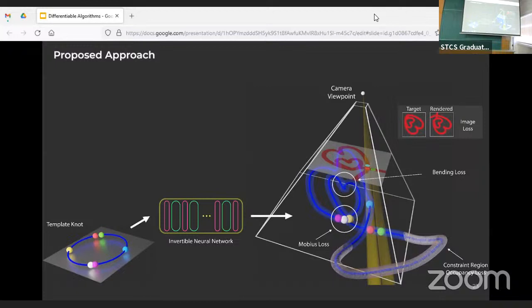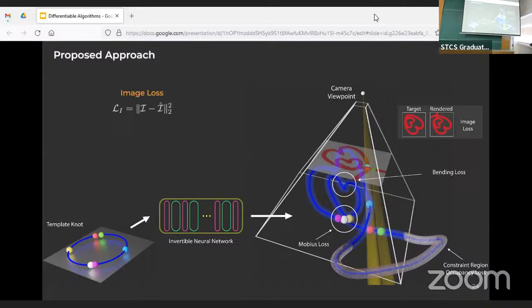So we might want to minimize these self-intersections in the knot. And if this area is going outside some constraint region, here we take the constraint region as the frustum itself to illustrate that this region of the tube is going outside, so you might want to penalize these. Or if there is some severe bending, you might want to penalize that. So we propose loss functions for this.